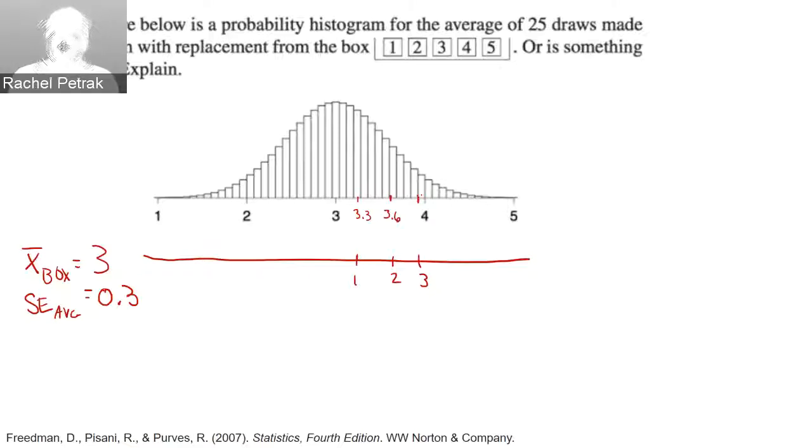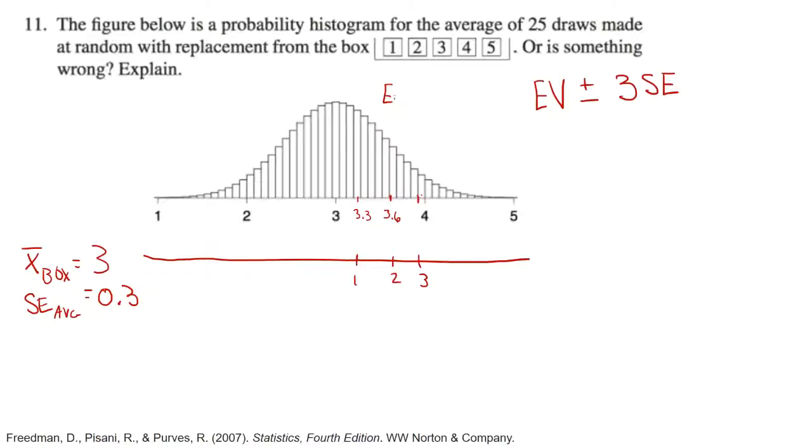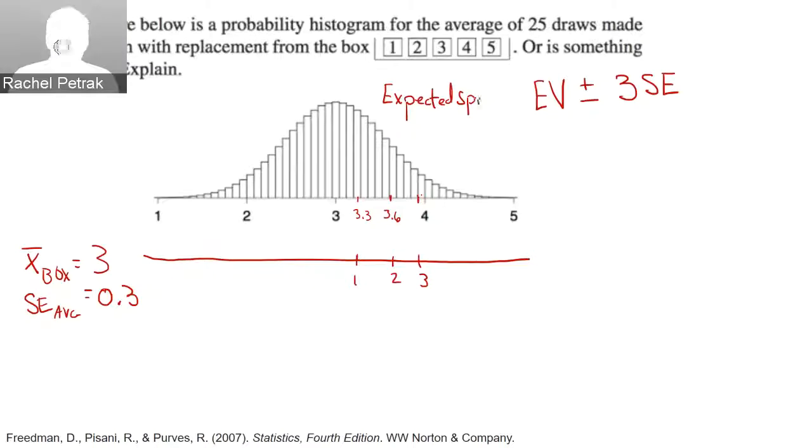So it's not a reasonable probability histogram. Something is wrong. There's just way too much area outside of the range, the expected value plus or minus 3 standard errors, which you should use when you're judging something like this. You want to use the rubric of the expected value plus or minus 3 standard errors, because remember, that's the expected spread.